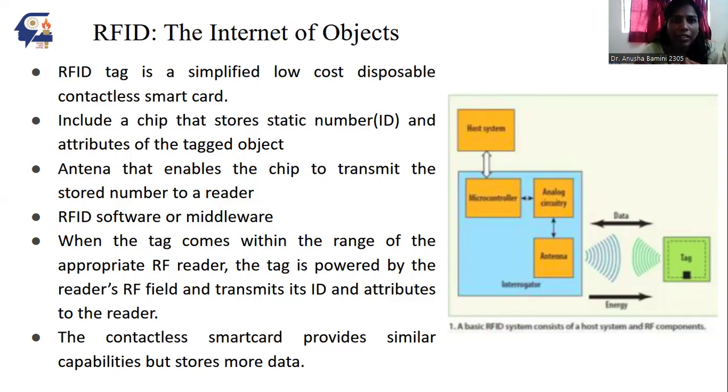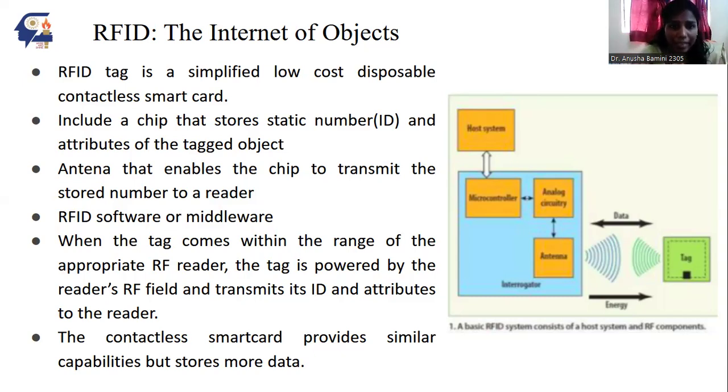Same thing, this RFID tag also has a chip which is used to identify a static number for every object. And it has attributes of the tagged object, like its price, manufacturing date, and some details like what brand that particular object is. Everything is included within this RFID tag.